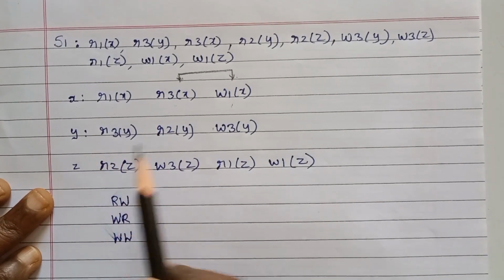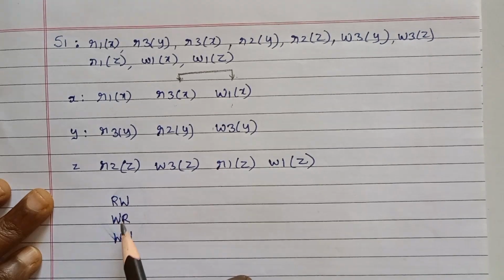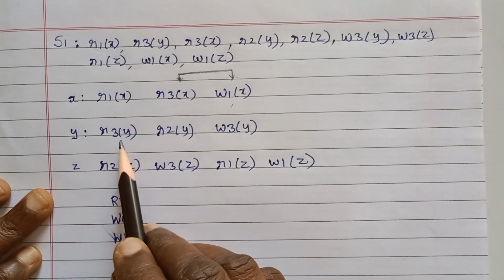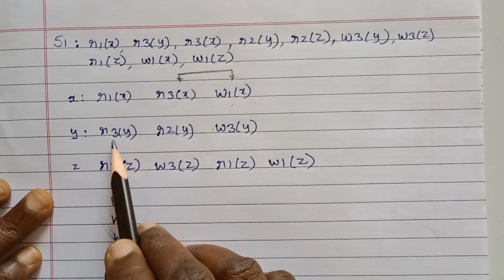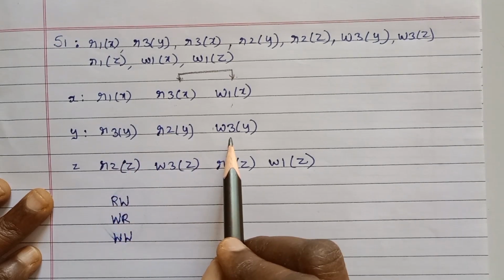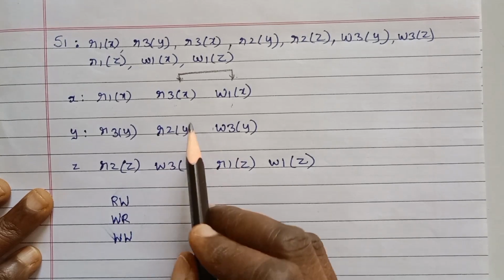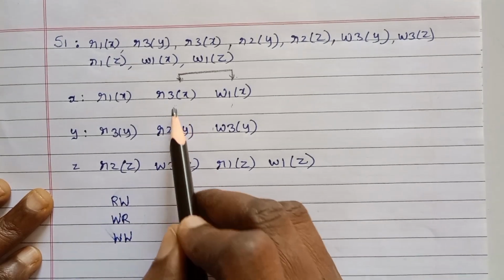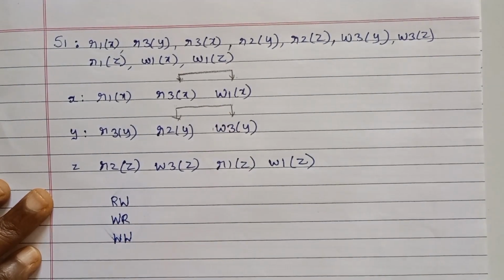Next, for y, similarly find this type of pattern. See r3, r2, w3. r3 and r2 don't bother. r3 and w3 are in the same transaction, don't bother. Next, r2 and w3: this is a conflict, so you mark this.